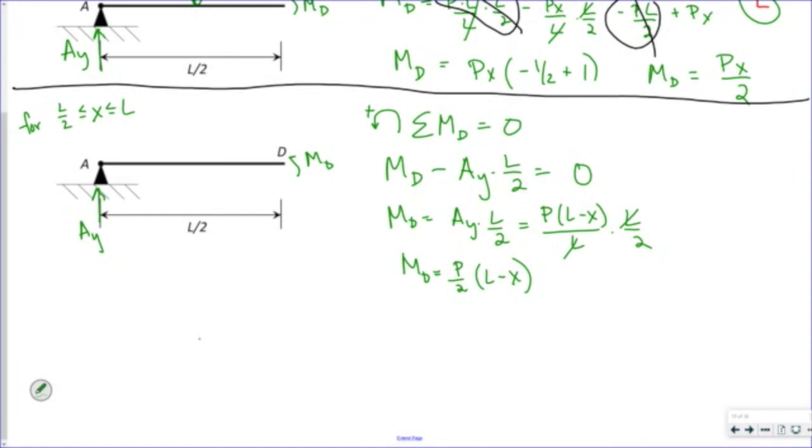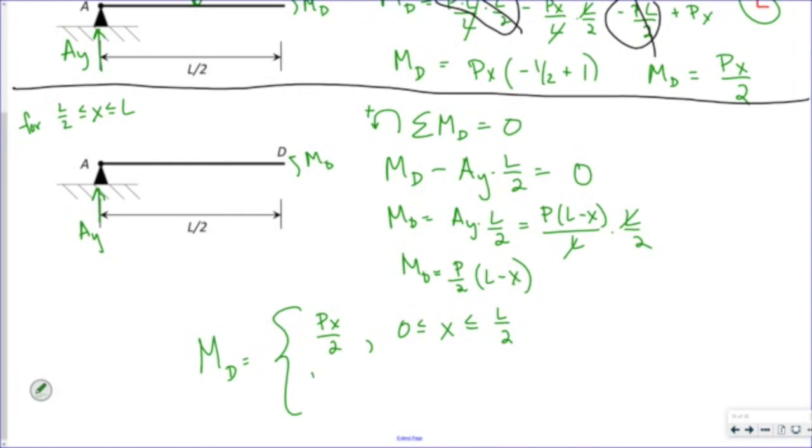If I want to sum it up, PX over 2 for X up to L over 2. And again, X is the location of my load. I'm always looking for the moment at D, which is the moment at the center.